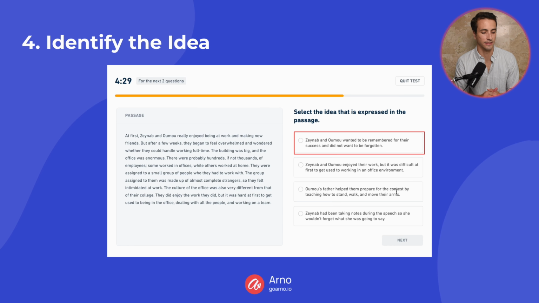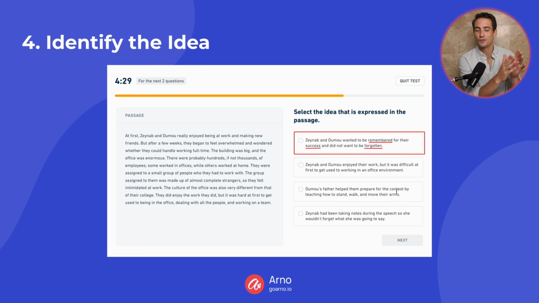Option number 1 is, Zainab and Omu wanted to be remembered for their success and did not want to be forgotten. The key vocabulary in this option is remembered, success, and forgotten. So, do any of those words or related words appear anywhere in the passage? No, they don't, which means that probably this option is incorrect.